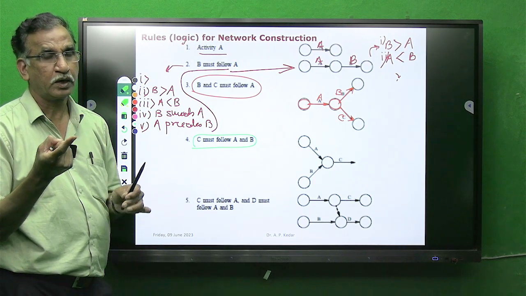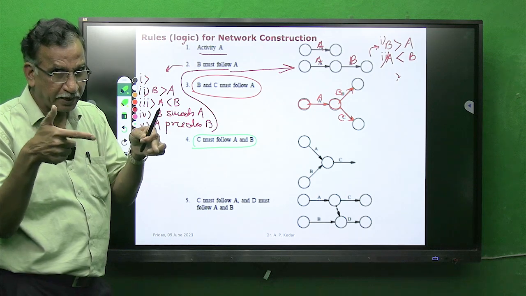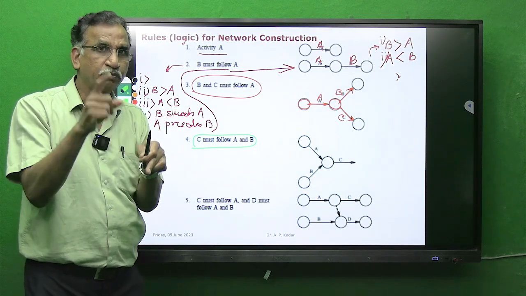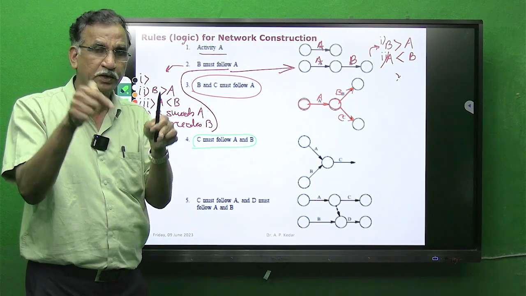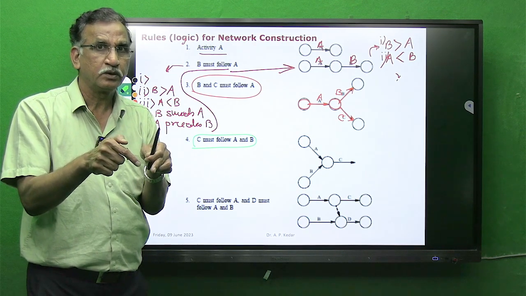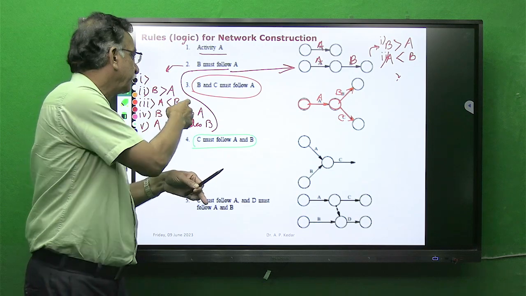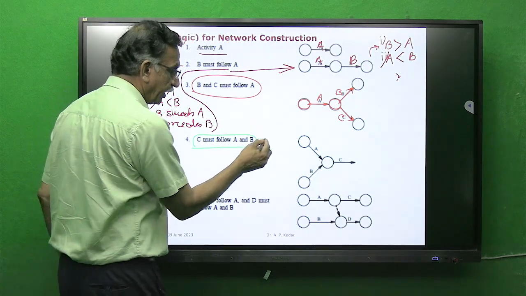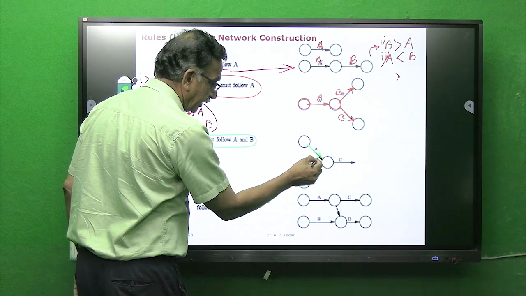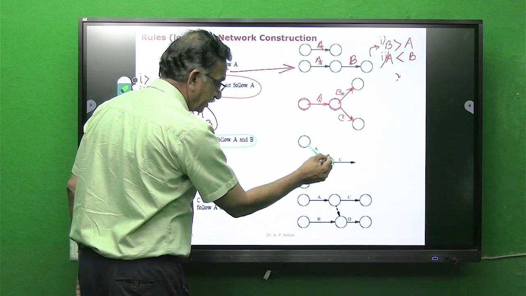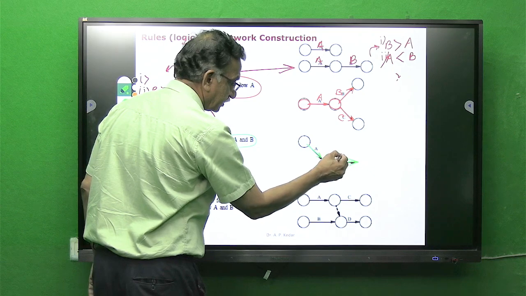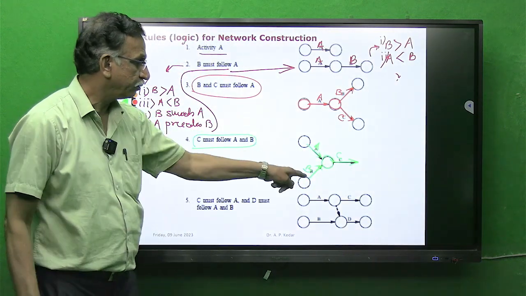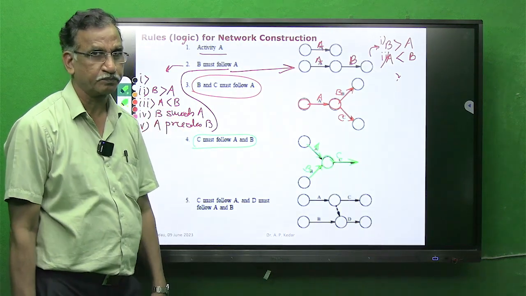So unless and until both A and B, the predecessors, merge at one node, at one event, further activity C cannot start.